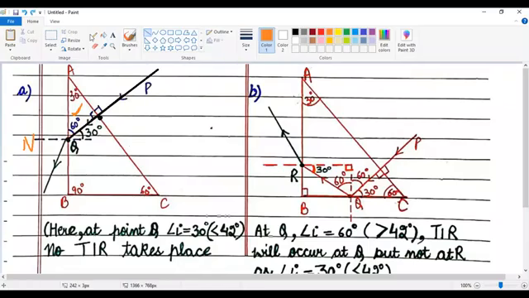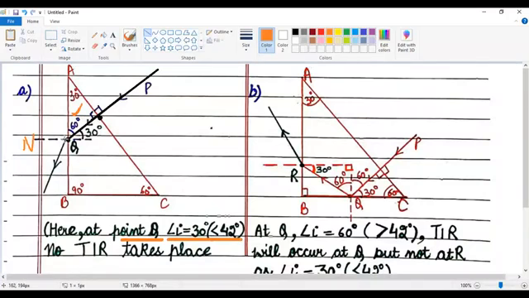Thus, we can say that at Q, angle of incidence is 30 degree, which is less than critical angle of the glass prism, that is 42 degree.